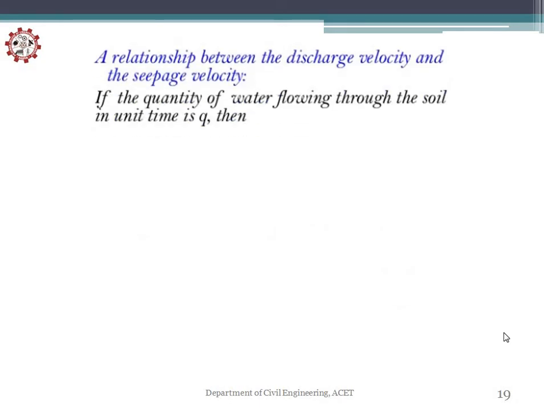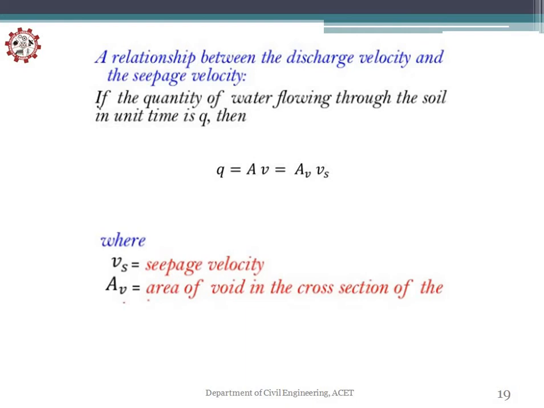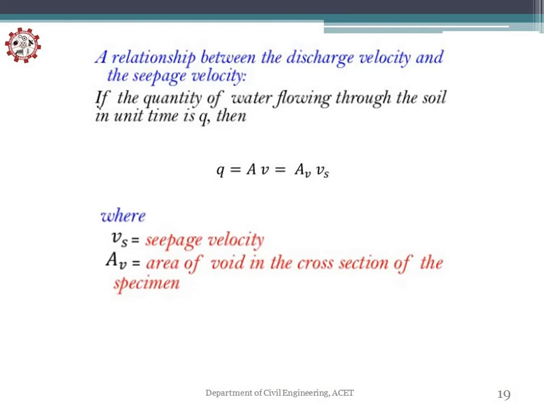A relationship between the discharge velocity and the seepage velocity: if the quantity of water flowing through the soil in unit time is Q, then Q equals Av into Vs, where Vs is the seepage velocity and Av is the area of voids in the cross section of the specimen.